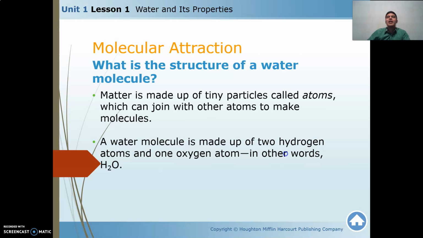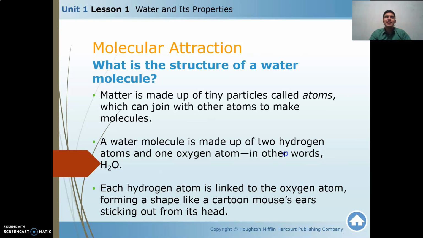For example, I have my cell phone in hand, so my cell phone is made of atoms. Also, we are made up of atoms. But specifically, when we talk about one particle that is going to conform water, it's going to be H2O, 2 particles of hydrogen and 1 particle of oxygen.